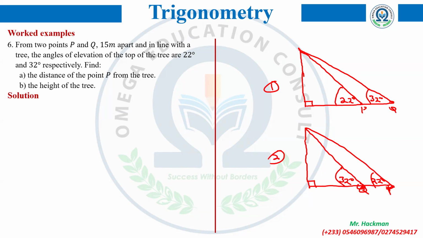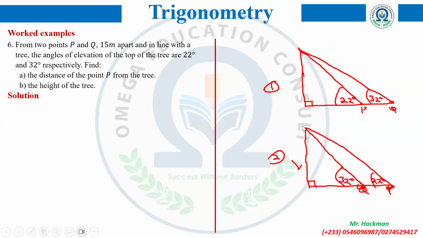Okay, so I said the right option will be this. Remember, in these two angles that you have there, the angle at Q is the biggest angle. And we know for a fact now that the closer you are to your object, this is my object, the tree whose top I'm sighting.